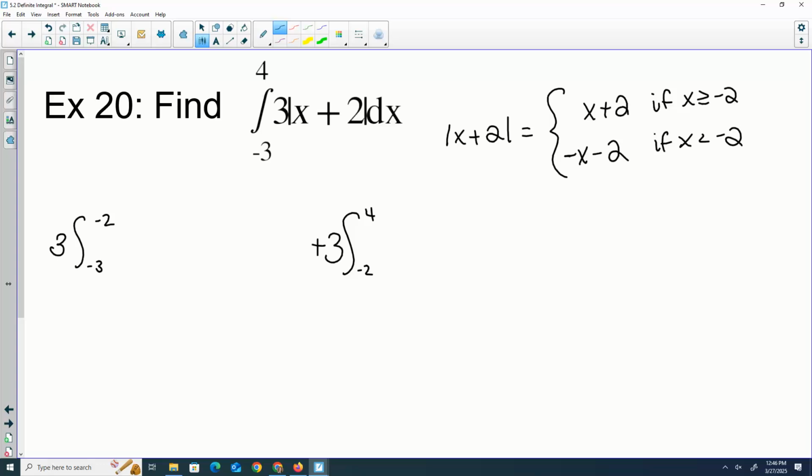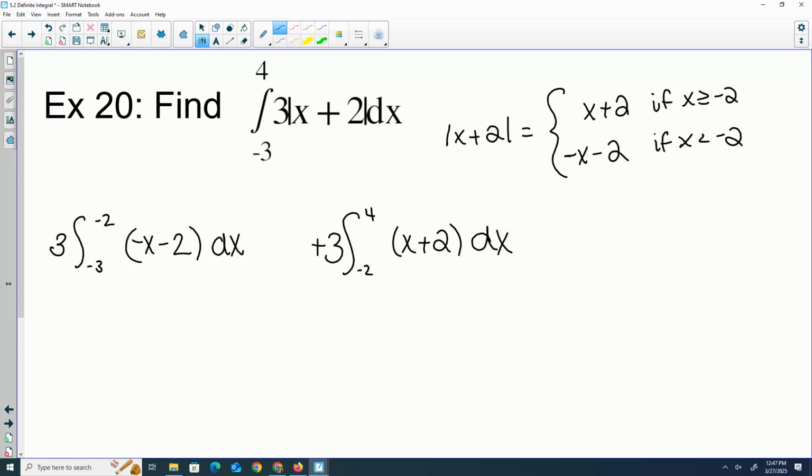It won't matter. You'll get the same answer. If I'm putting in something between -3 and -2, that means that x is less than -2, so I'm getting the opposite of this, so -x minus 2 dx. If I'm putting in something between -2 and 4, that's a positive, so we're just getting x plus 2 dx.